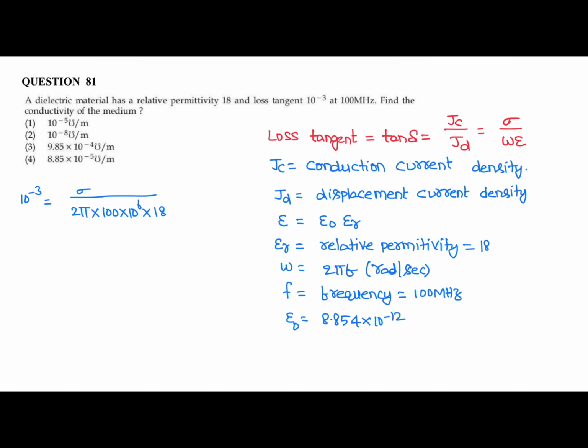We know that 1 by 4 pi epsilon naught is 9 into 10 power 9, so 1 by epsilon naught is 4 pi into 10 power 9. On solving, the value of conductivity is 10 power minus 4. The nearest option is 3.